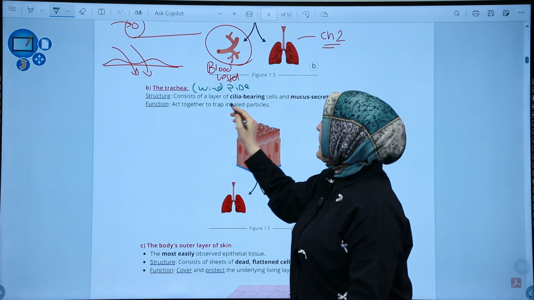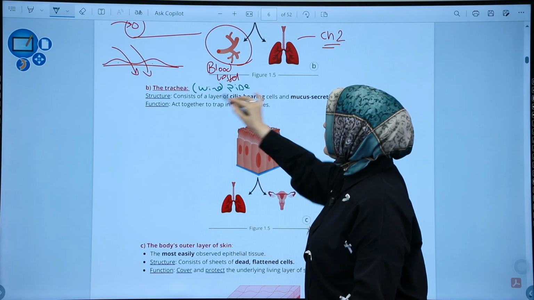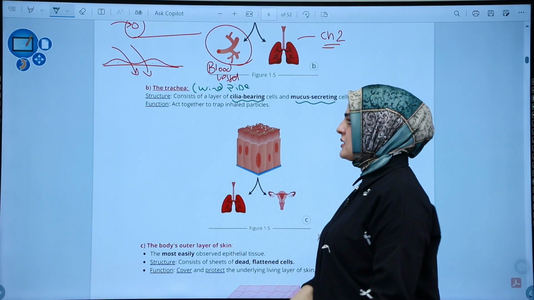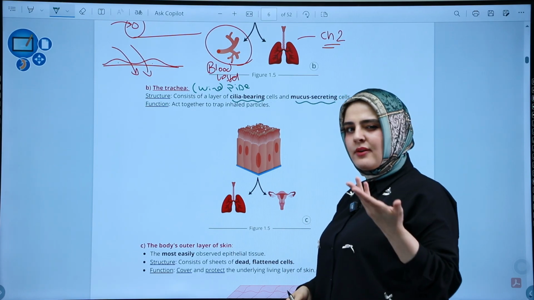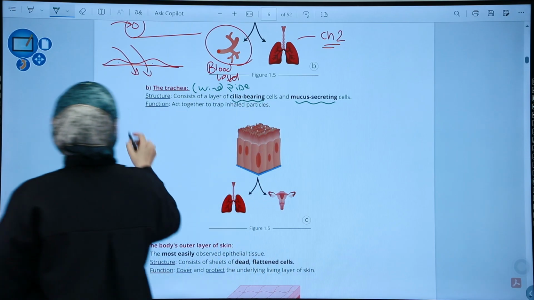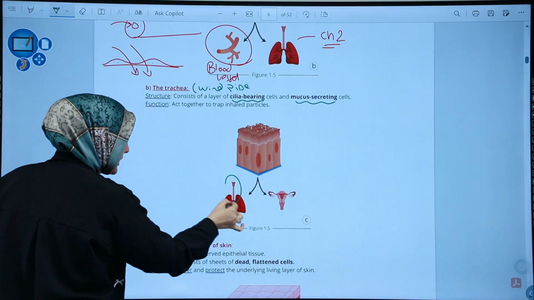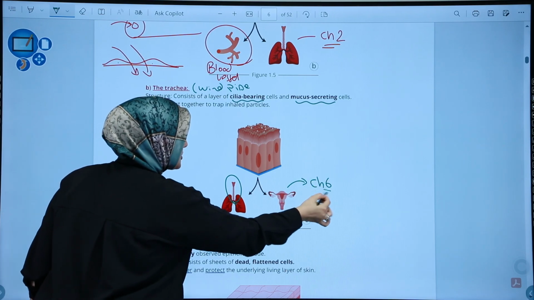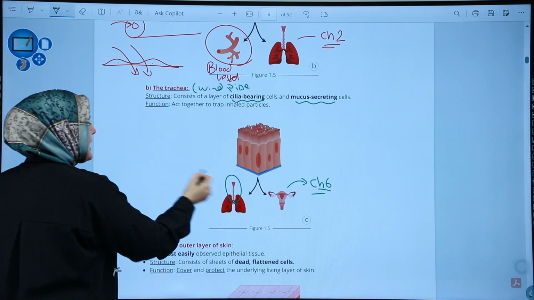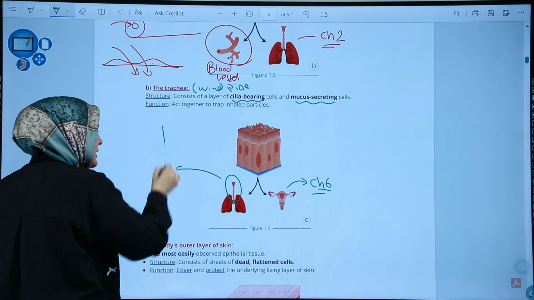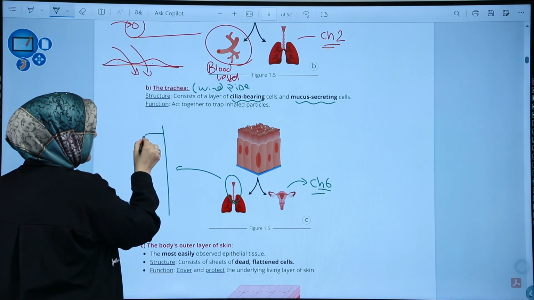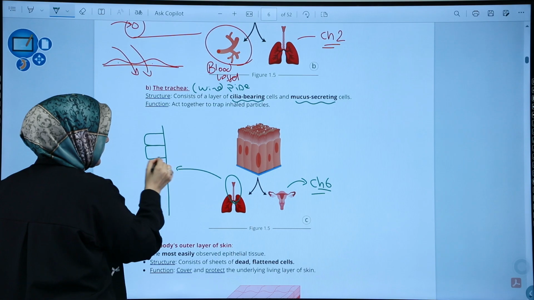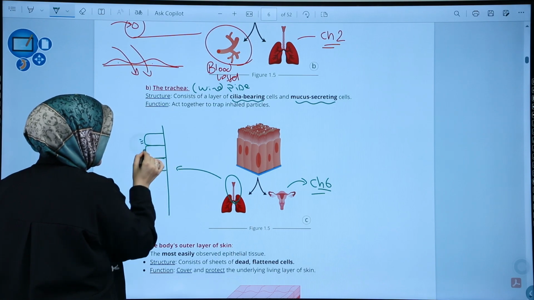So the trachea has cilia-bearing and mucus-secreting cells. What is cilia-bearing and mucus-secreting? This is where the trachea is, connected to the lungs. This is for chapter 6, just as a reminder. Okay? And if I take the wall of it and look at it, I will see that there are cells like this.